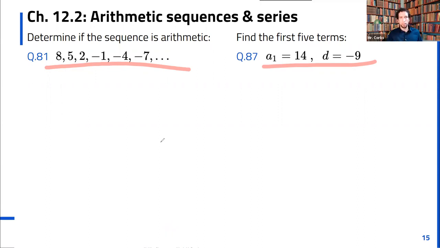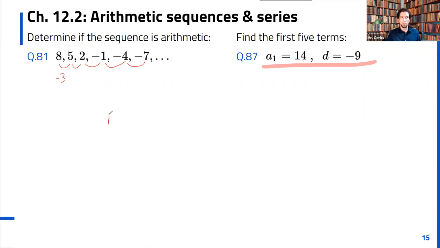Okay, let's take a look at these. The one on the left, how can we figure out if a sequence is arithmetic or not? There should be the same difference between numbers. Okay, so common difference. We just look at each pair and see if we have the same difference. So from 8 to 5, what's the difference? -3, because we're going down.